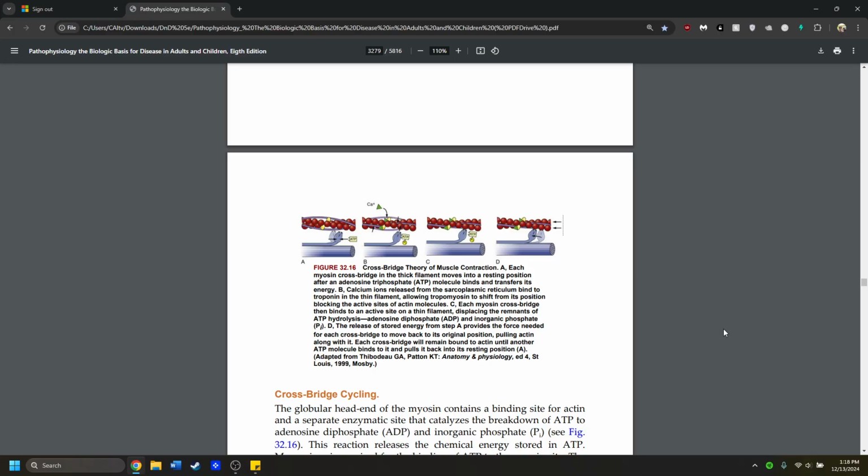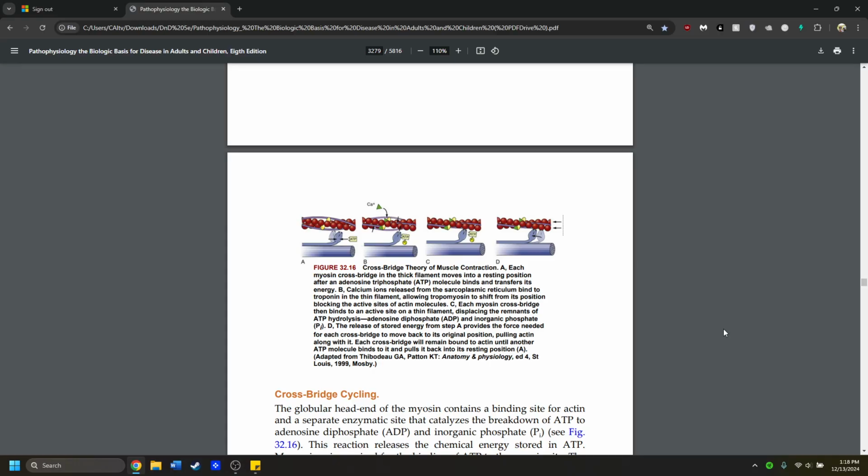And then part D, the release of stored energy from step A provides the force needed for each cross-bridge to move back to its original position, pulling actin along with it.